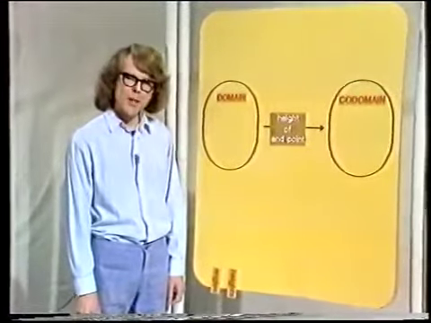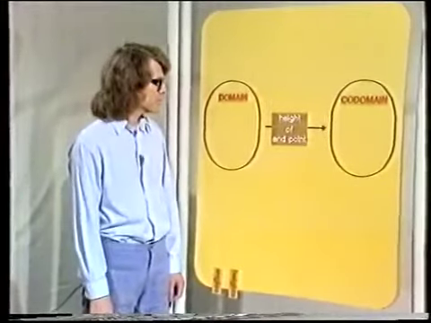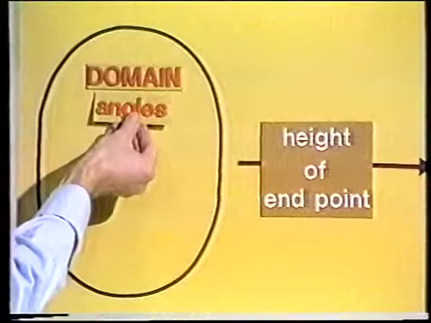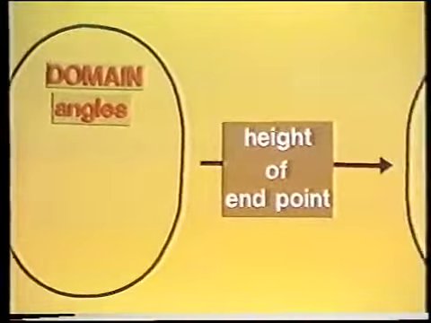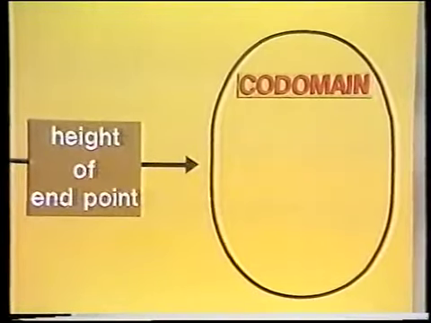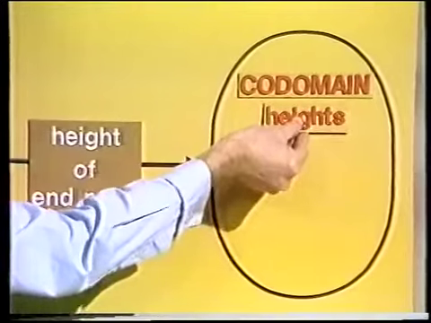This is the rotating rod example. And what's the domain going to be in this case? Well, it's just going to be all the possible angles. And the codomain? Well, this function processes angles and gives heights. So any set containing all the heights will do as our codomain.